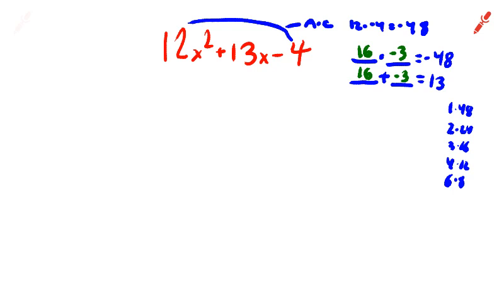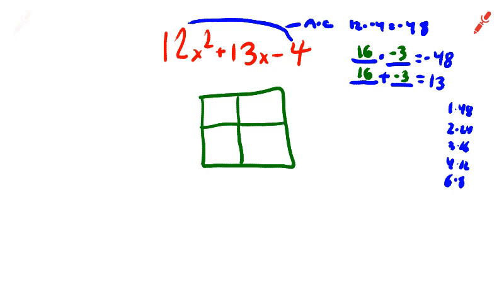Now, for the rectangle, we want to think of this geometrically. So we want to think of the area of a rectangle and how this rectangle will always be set up. You'll have the ax squared term in the top left corner.